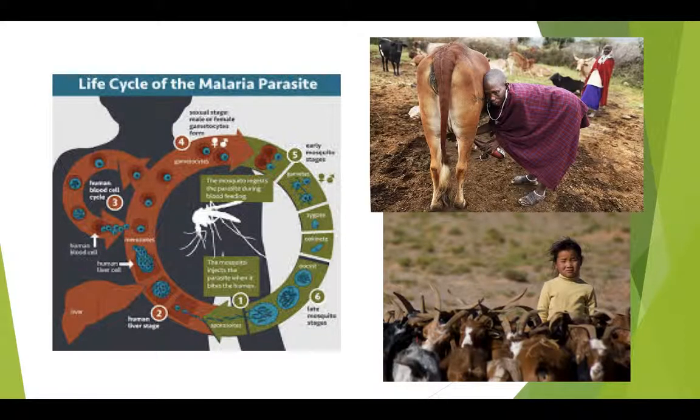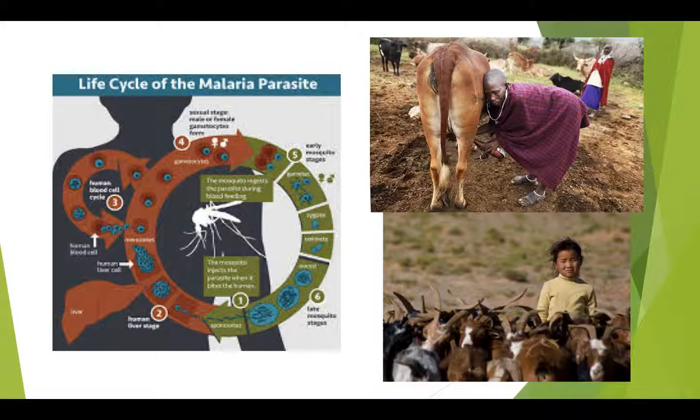So here we just have some images, one that represents the life cycle of the malaria parasite, showing that it has kind of two stages. It's got its stage that's within the mosquito, and then the stage that's within the human bloodstream.